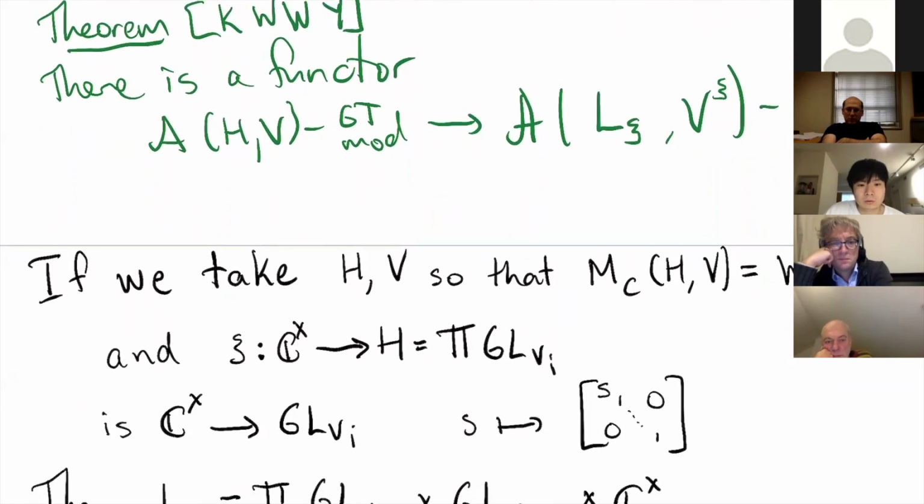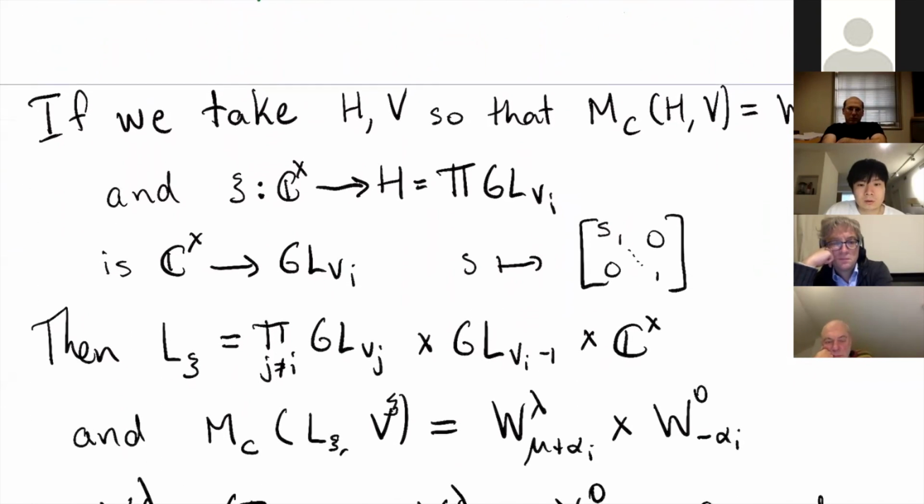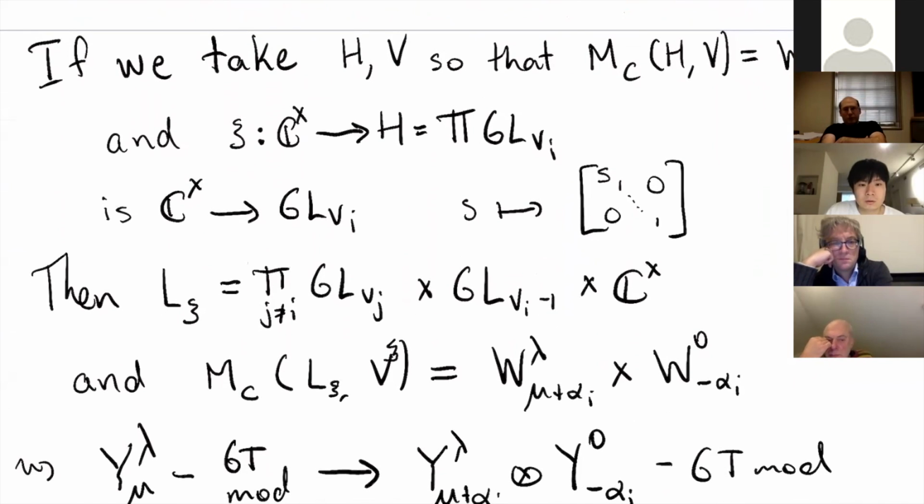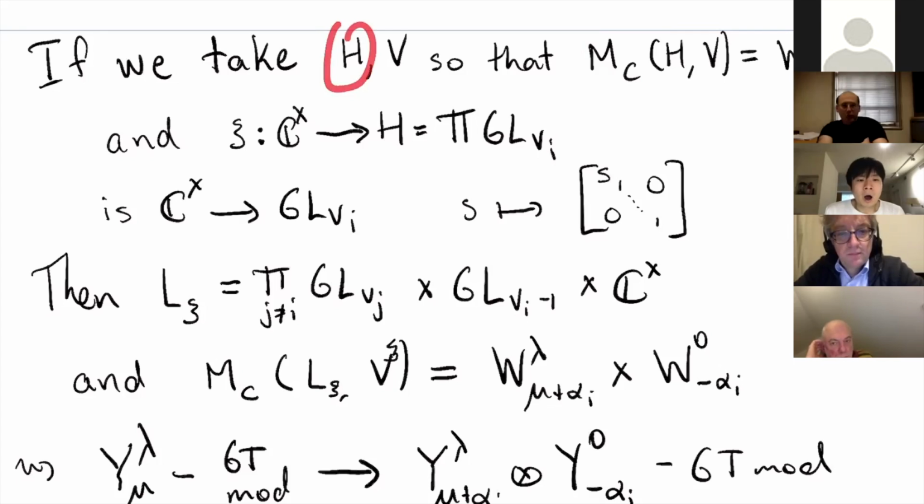And now we're going to apply it to our situation. We're going to take H and V so that the Coulomb branch is W lambda mu. Again, that means that these are quiver gauge theories. So H is some product of GLs associated with the Dynkin diagram. V is some Homs between vector spaces associated to the framed Dynkin diagram.